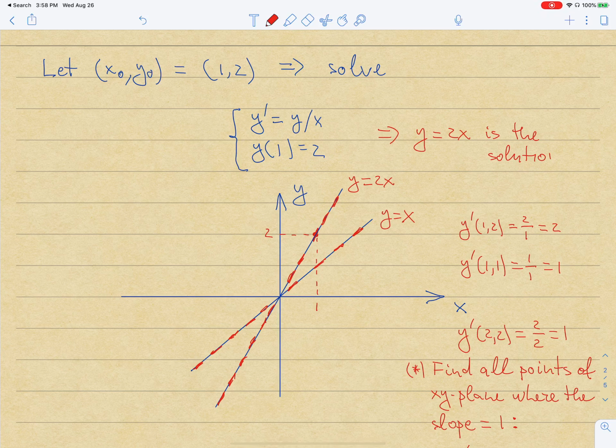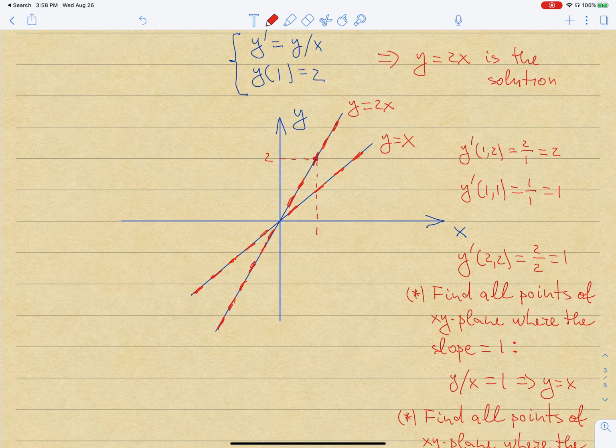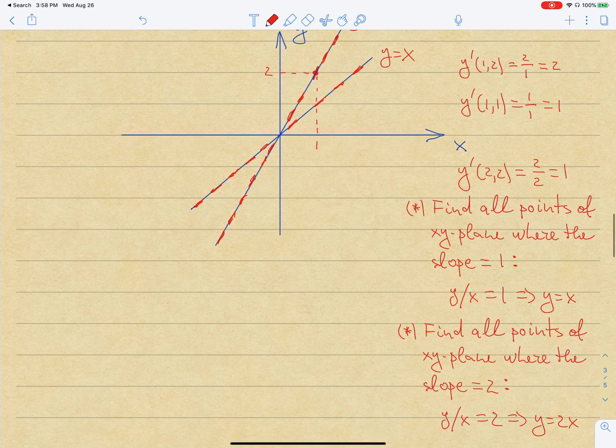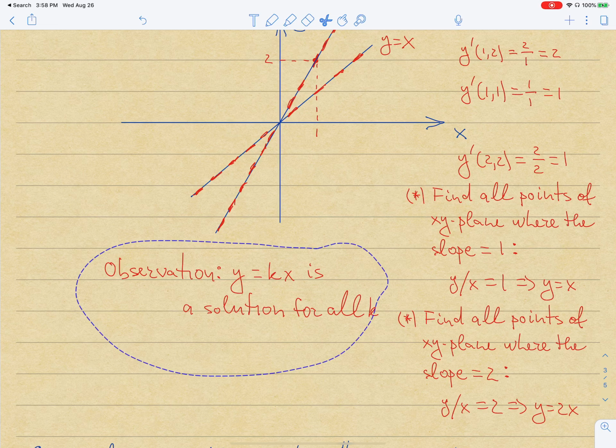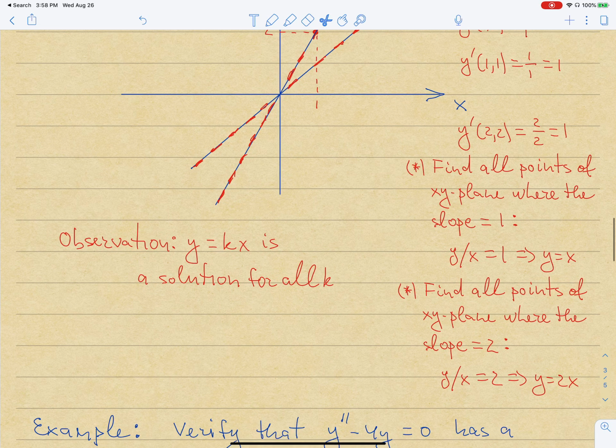And the same logic implies that y equal to x is a solution. In fact, y equal to any constant times x is a solution. So the observation that we make here is that y equal to kx is a solution for all k. And we can test this.